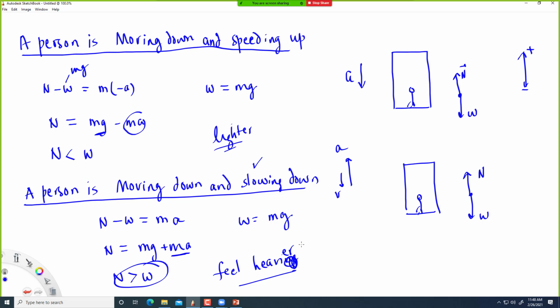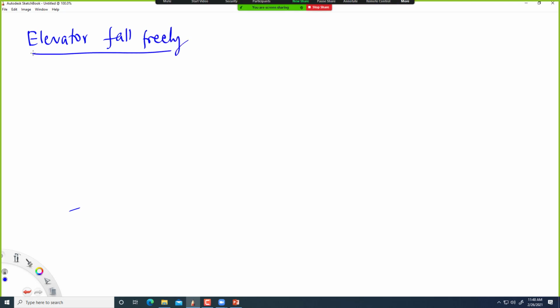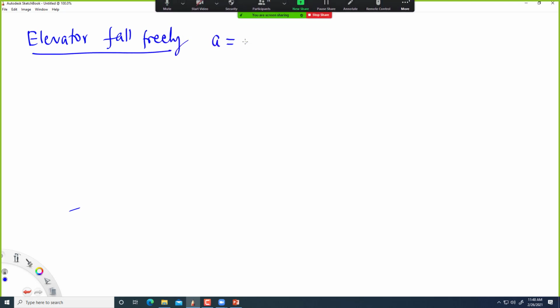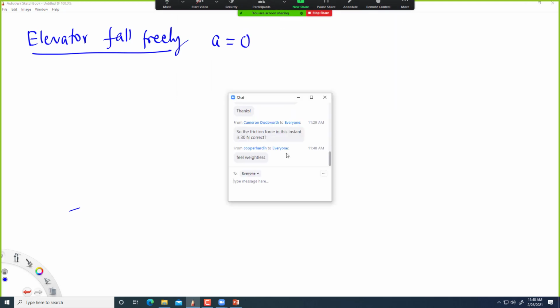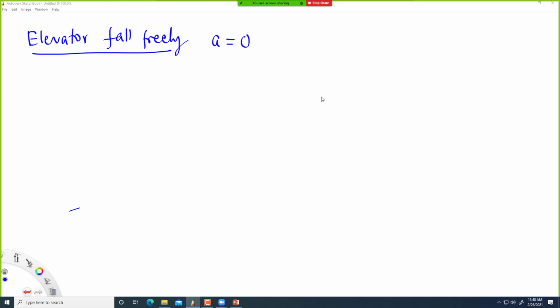What happens when this elevator is falling freely? Elevator falls freely. Free fall means there is no acceleration from the floor. Yes, that's right.